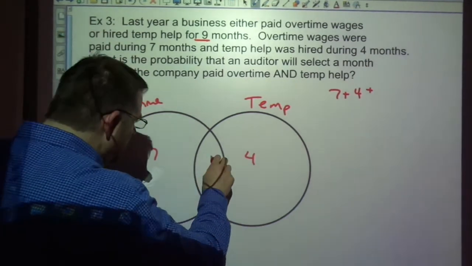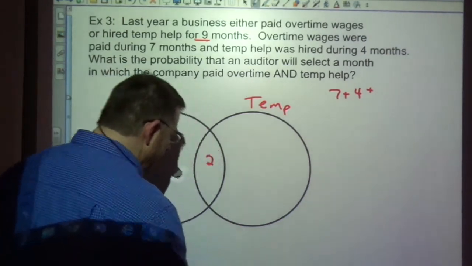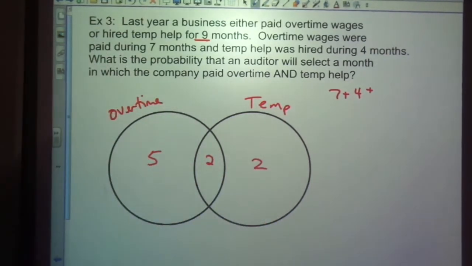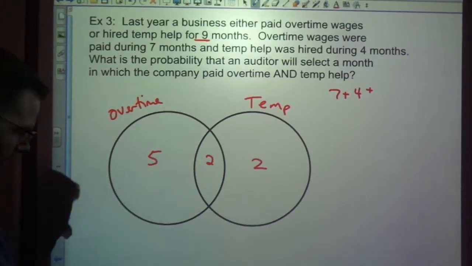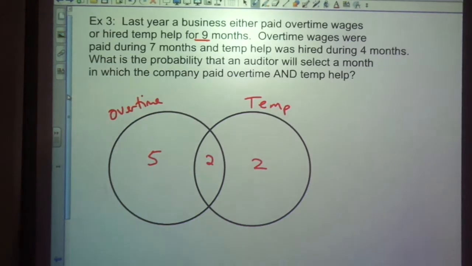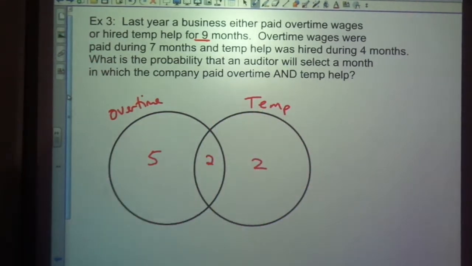So if I put 2 of them in here, that would give me 5 others and 2 others, and that would give me a total of 9. Ignore this over here. It's a better way to think about it. We know that there's help for 9 months. So 7 months they got overtime, 4 months they hired temporary help, 2 of those months they did both.